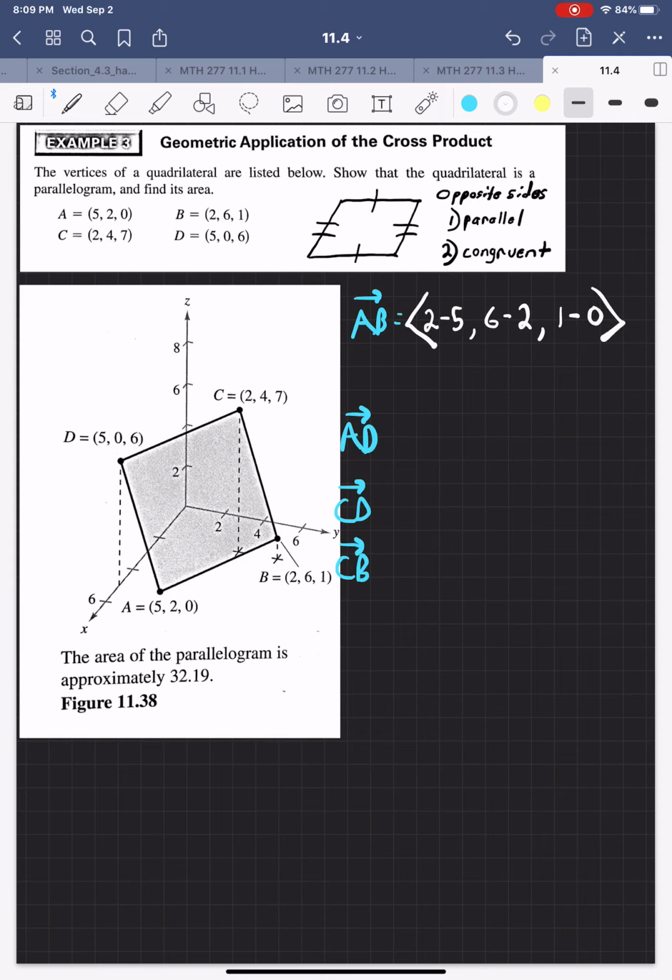All right, now I'm going to go ahead and write it in the IJK notation that the majority of you are used to. So that ends up being negative 3i plus 4j plus k. All right, so you would do the same thing for these other vectors, and I'm going to go ahead and do that now.